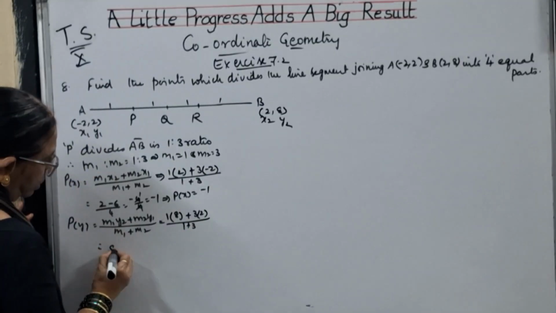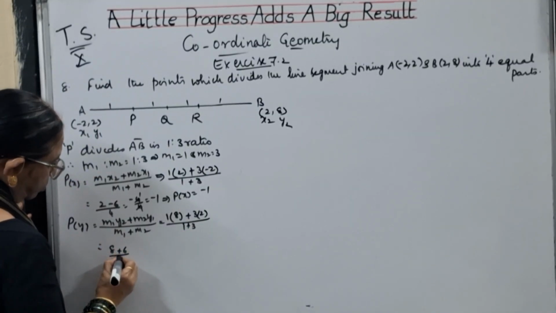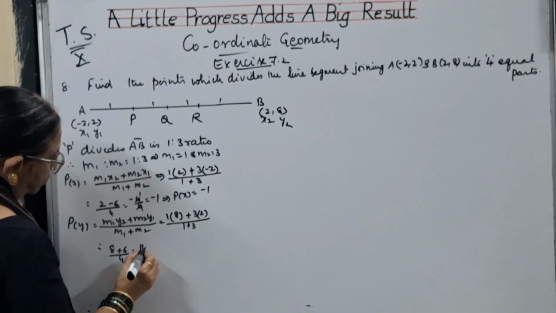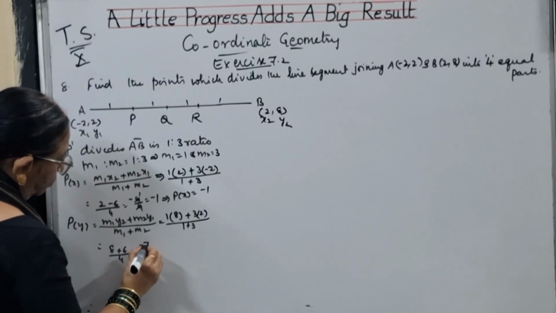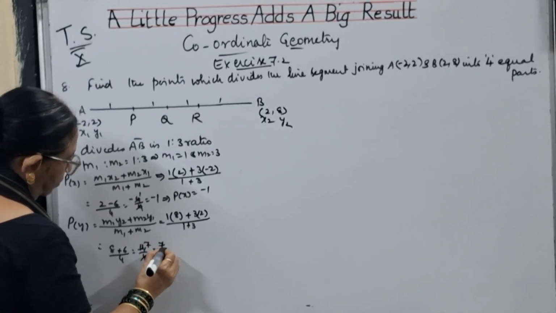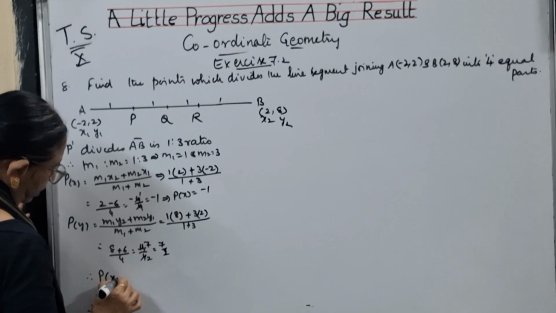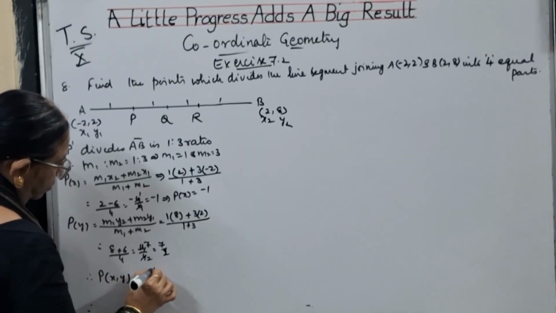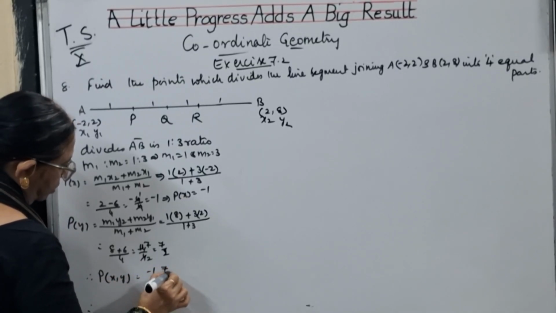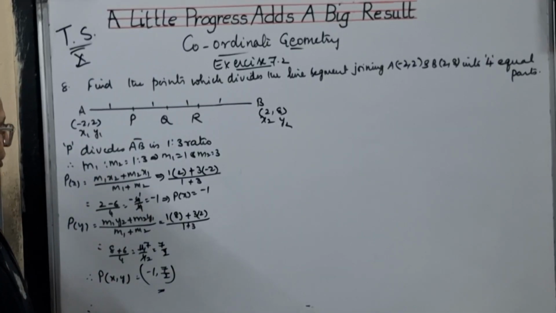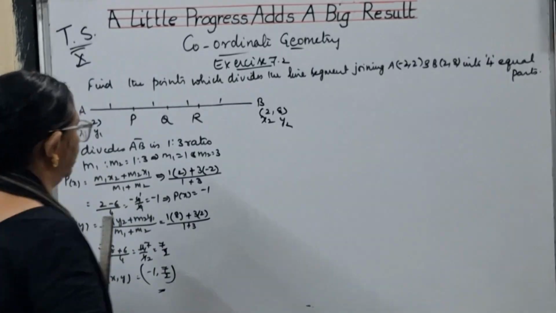That is equal to (8 plus 6) by 4. How much? 14 by 4. 2 7s are 14, that is 7 by 2. Therefore, P of x comma y is equal to (-1, 7/2). P coordinates we have got.